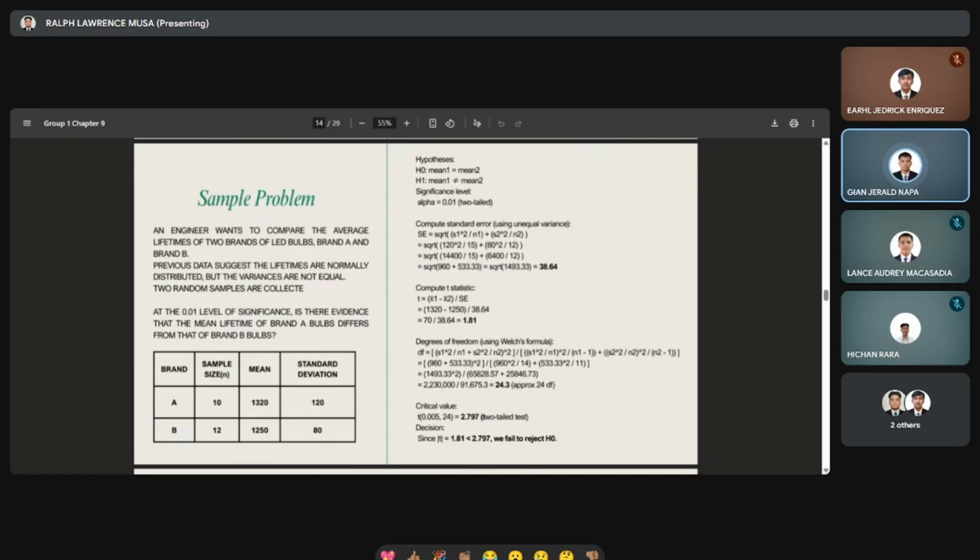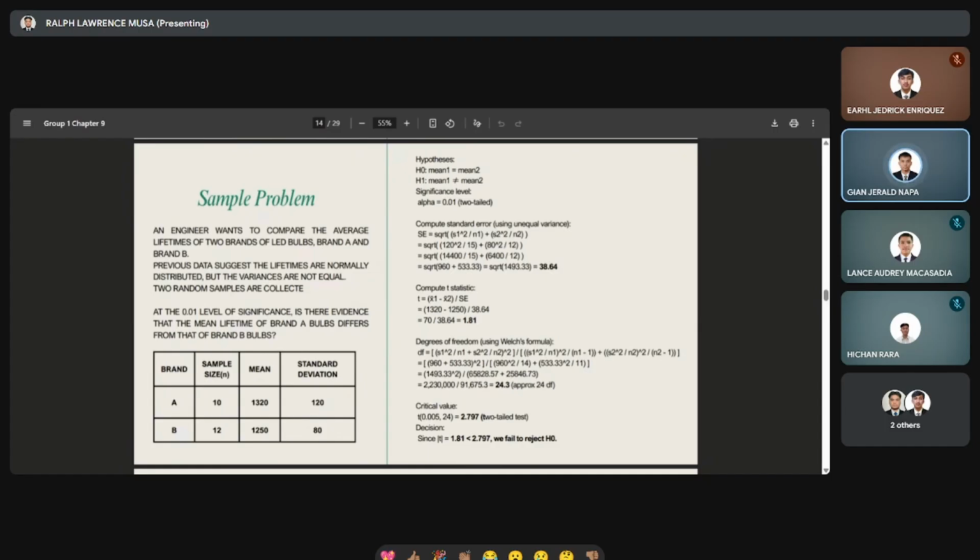Next we have the degrees of freedom, which we will solve using Welch's formula. df is equal to the quantity s sub 1 squared over n sub 1 plus s sub 2 squared over n sub 2, squared, divided by the quantity s sub 1 squared over n sub 1, squared, over n sub 1 minus 1, plus the quantity s sub 2 squared over n sub 2, squared, over n sub 2 minus 1.